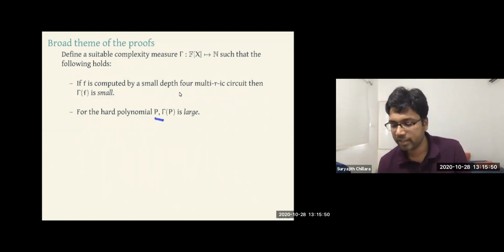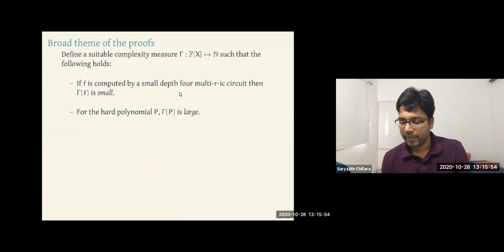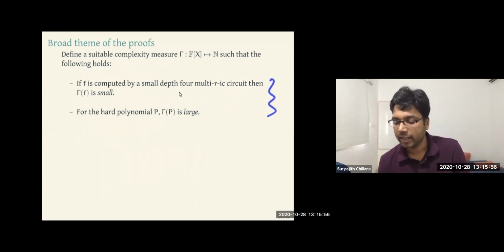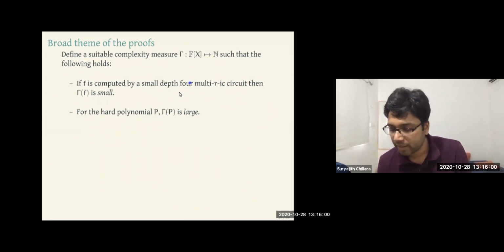However, for a polynomial of interest, the measure should be large. So basically you arrive at a contradiction: if the measure for my polynomial is large and the measure for my circuit model is small, then it cannot be computed by a small circuit. So that's the broad theme.